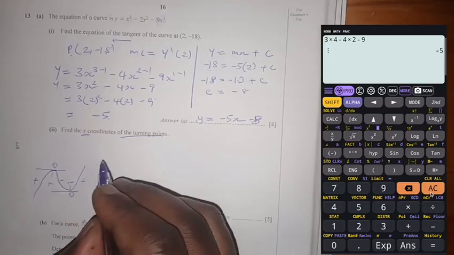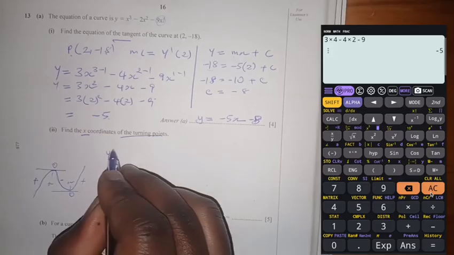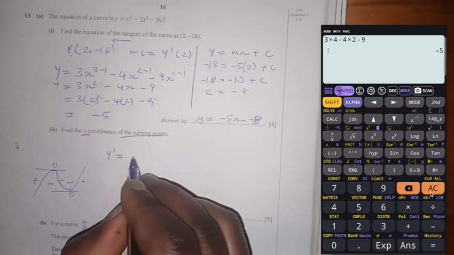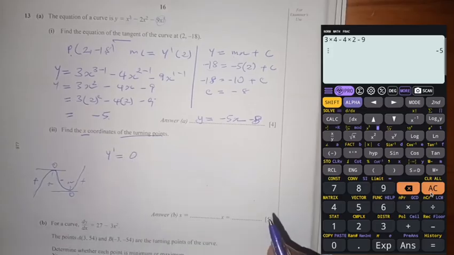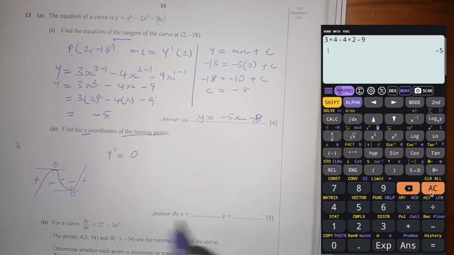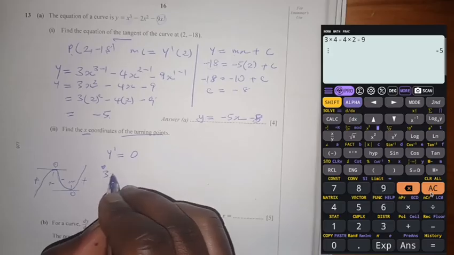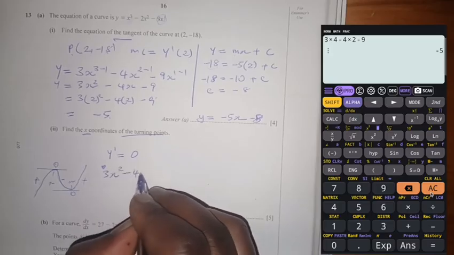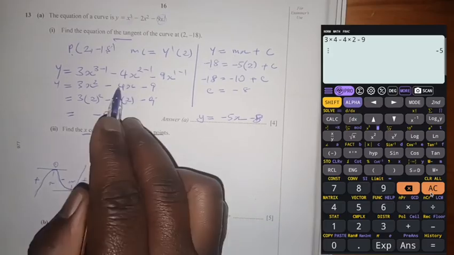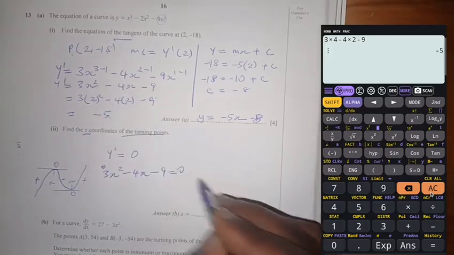So we need to say the first derivative is equal to 0. Now what was our first derivative? The first derivative was 3x squared minus 4x minus 9, from this one here. This is equal to 0.